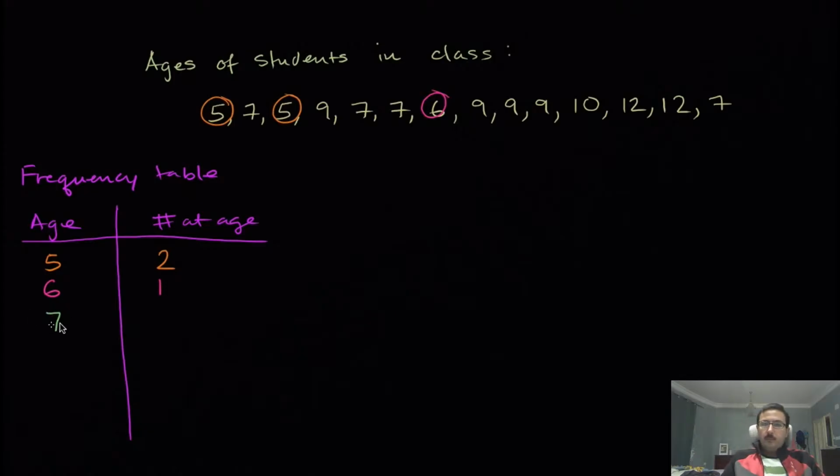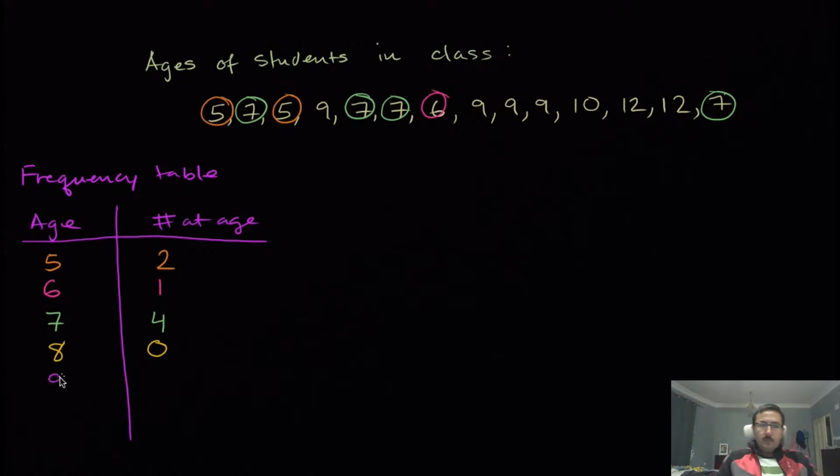All right. 7-year-olds. Let's see. There's 1, 2, 3, 4 7-year-olds. Now what about 8-year-olds? I'm going to do this in a color that I have not used yet. We have no 8-year-olds. 0 8-year-olds. And then we have 9-year-olds.